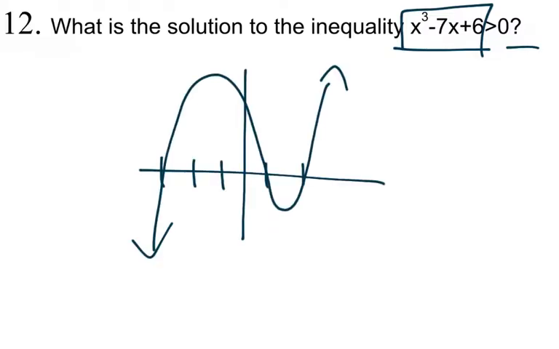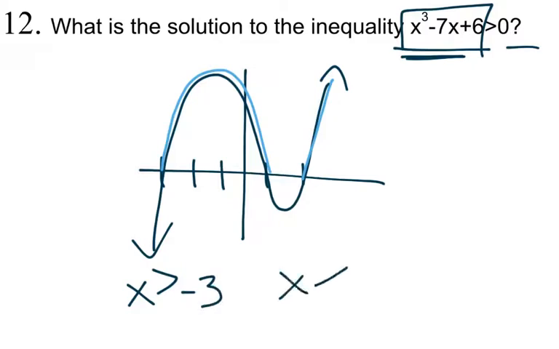Okay, so it's literally saying, when is this curve above the x-axis? So it's above the x-axis from here to here, and then from here. So it happens to the right of negative 3, but to the left of 1, and then to the right of 2.